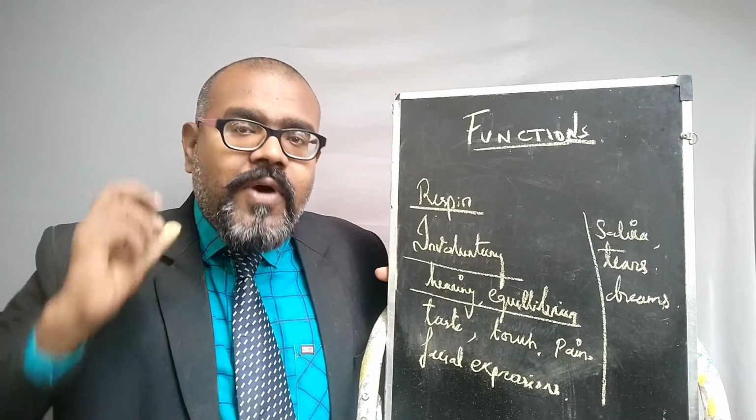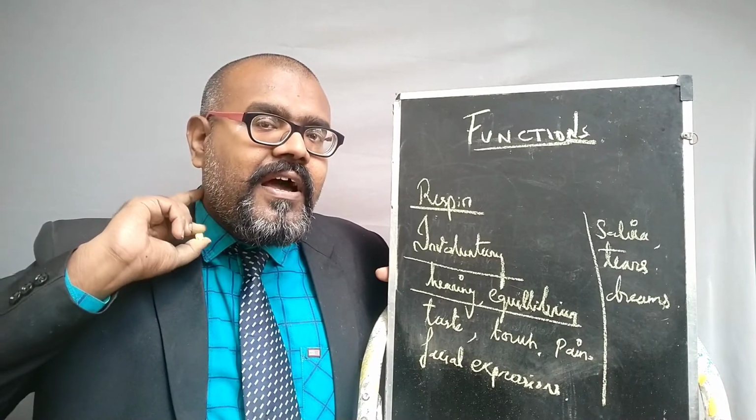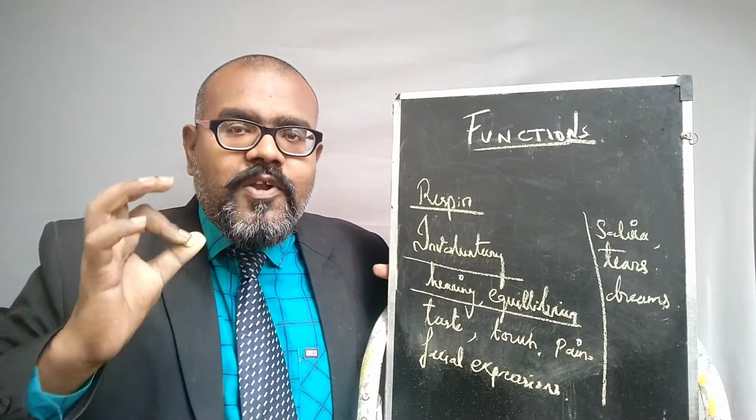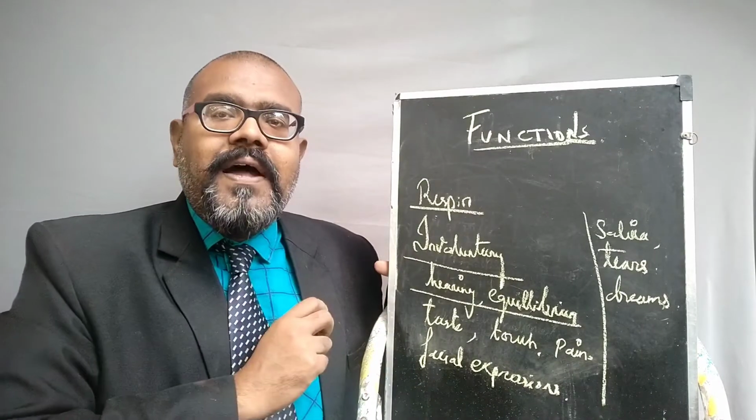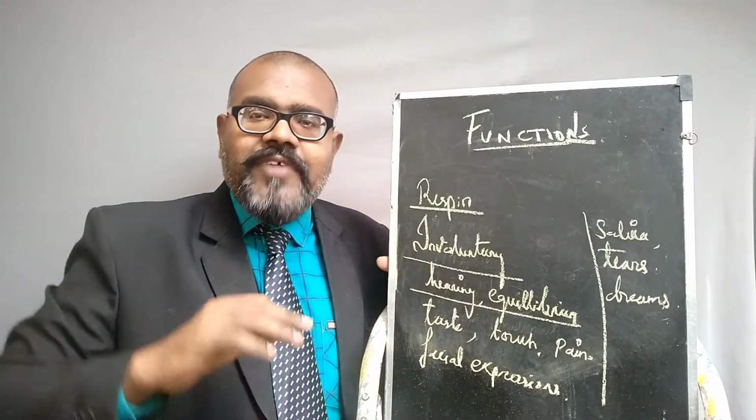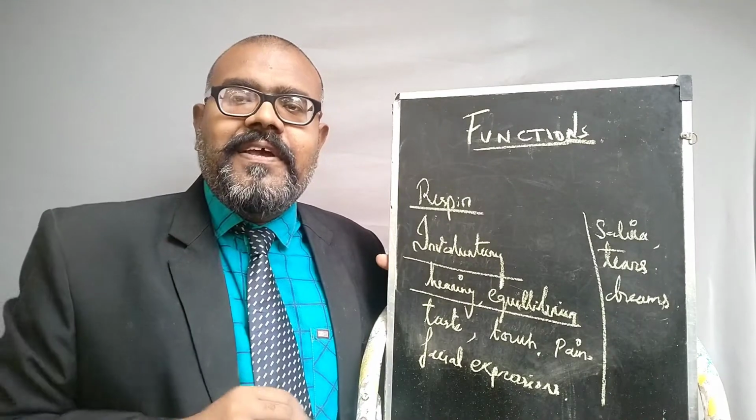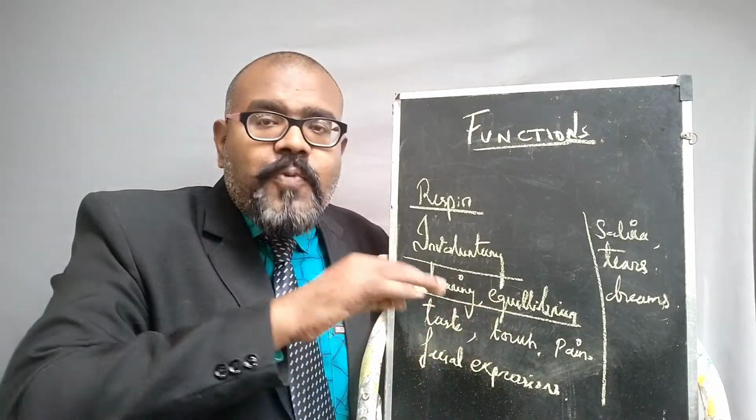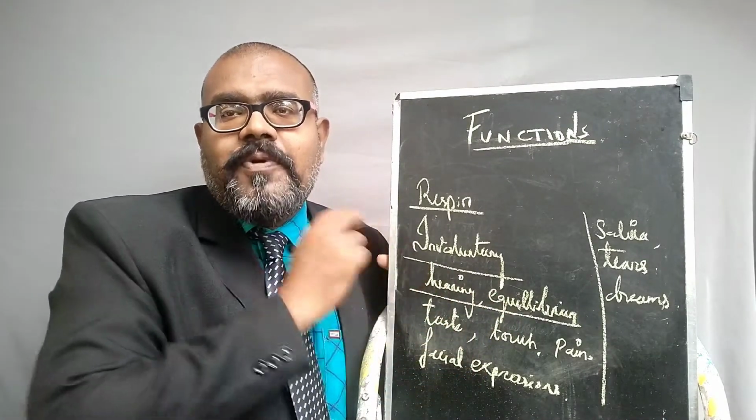Hearing, your human ear, can be managed by this particular pons. Equilibrium, of course, we already talked about balance. Here, the equilibrium status is also controlled by this particular pons.